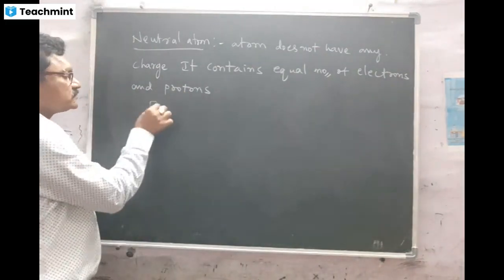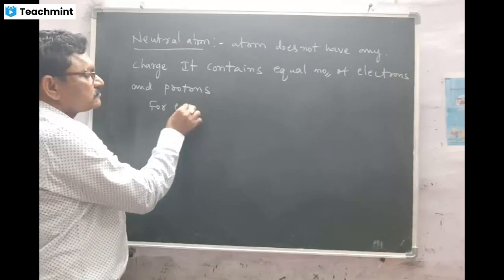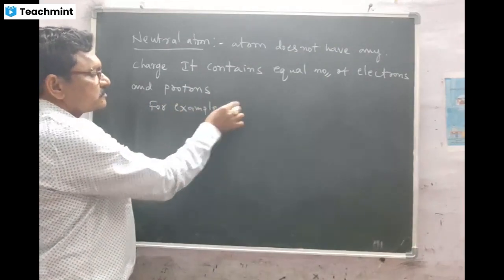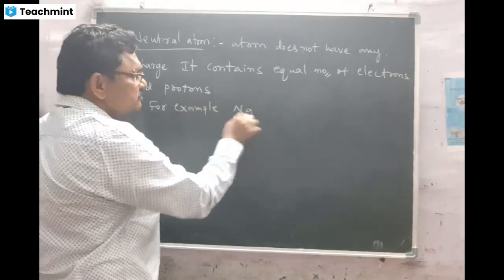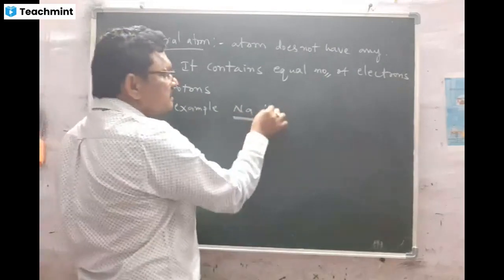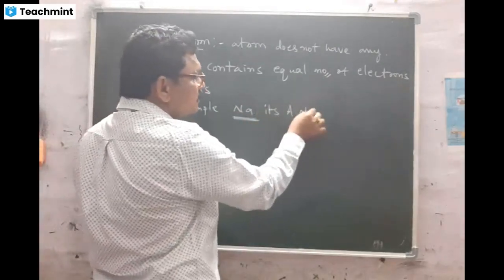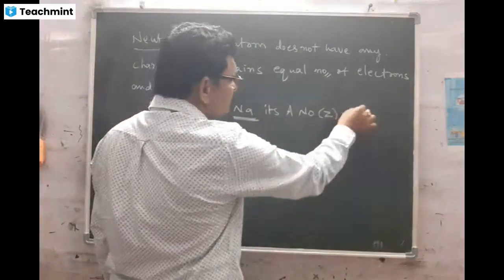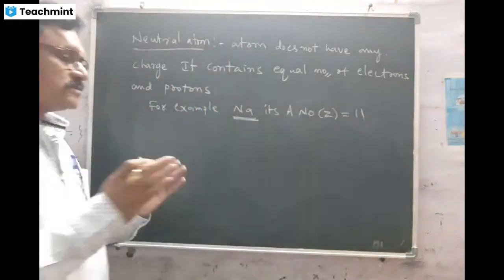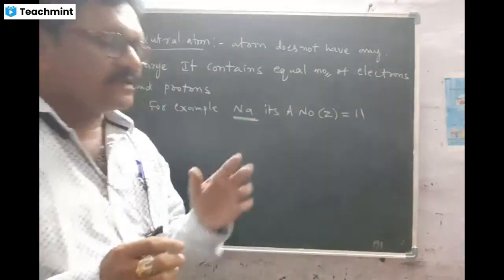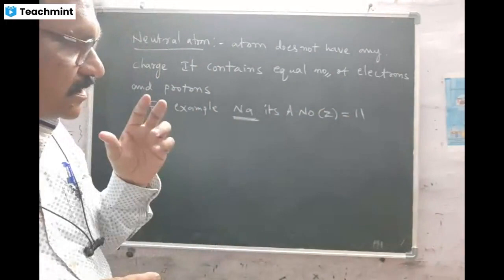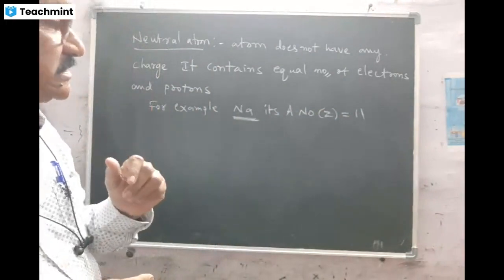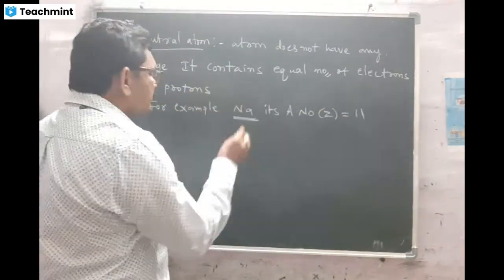For example, you know sodium. This is sodium. Its atomic number, Z, is equal to 11. So when we know atomic number 11, what does that mean? 11 means it contains 11 electrons.